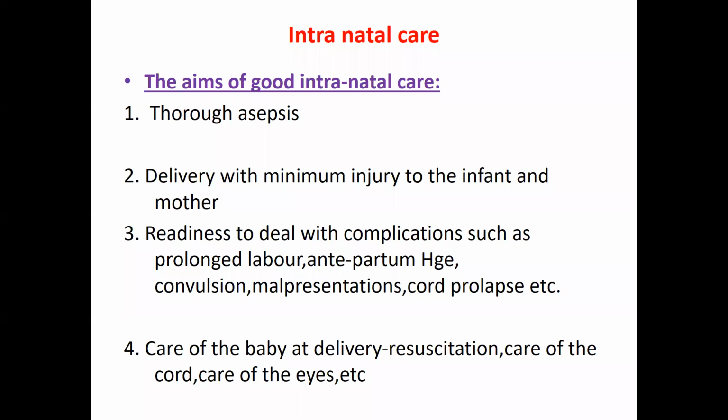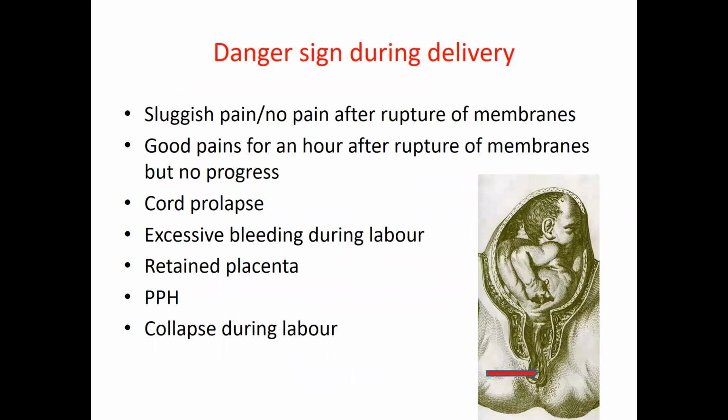We want the delivery to be in an aseptic way with minimum injury to the mother and the child. And we should be ready to deal with complications such as prolonged labor, antepartum hemorrhage, convulsion, malpresentation, or cord prolapse. Care at the time of delivery, resuscitation of the baby, care of the cord, care of the eyes, different cares. These are all within the domain of intranatal care.